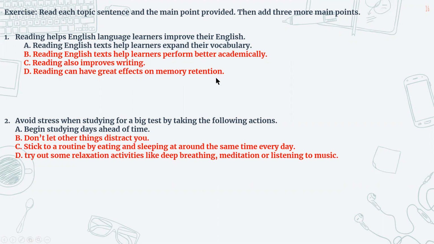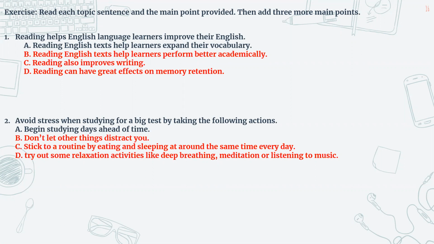Of course, in the next lesson, we will take a look at how you can use these main points to write your paragraph. Actually, not just the next lesson, the next lessons, okay? Then number two, don't let other things distract you. Stick to a routine by eating and sleeping at around the same time every day. Try out some relaxation activities like deep breathing, meditation, or listening to music.